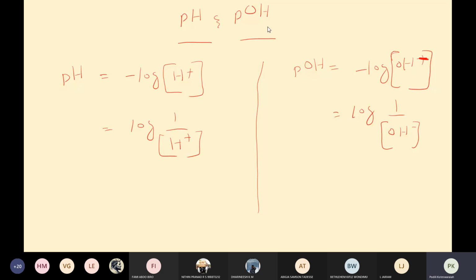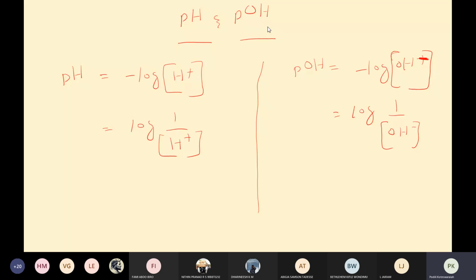We know that this is not a chemistry subject, but anyhow we can refresh what pH is and what pOH is. pH is the way to express the hydrogen ion concentration of a solution.